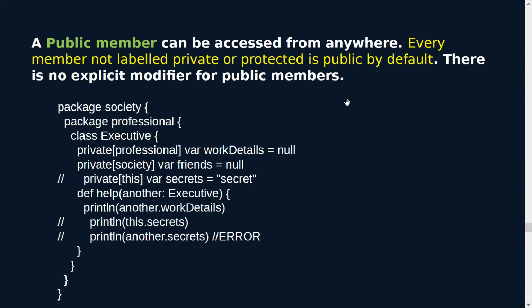And again, just one more point on private. Unlike Java, where we have private to a class, here we have a concept of a variable that is private, but not private to a class. That is private to a package.